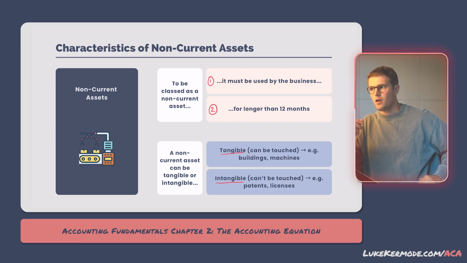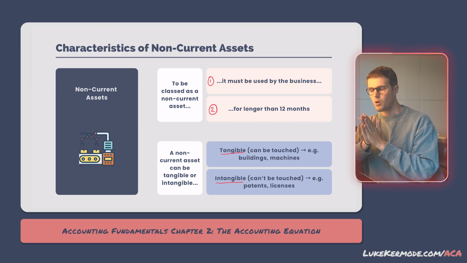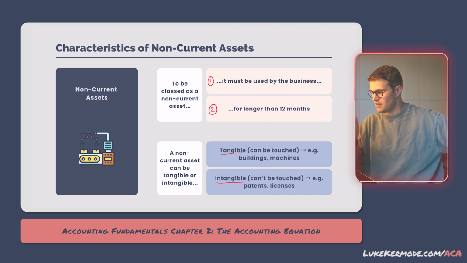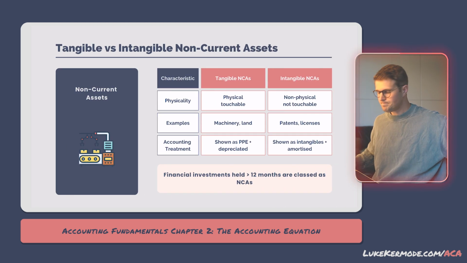So remember, it's not about whether the asset is expensive or whether it's large in size. It's all about how long it's used by the business and why it's used by the business. That's how you classify something as non-current, if it's held and used over the long term.